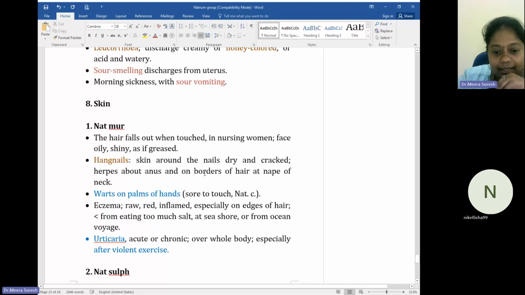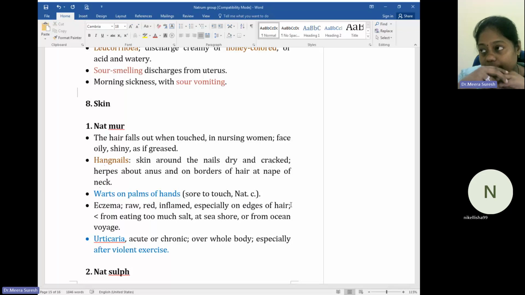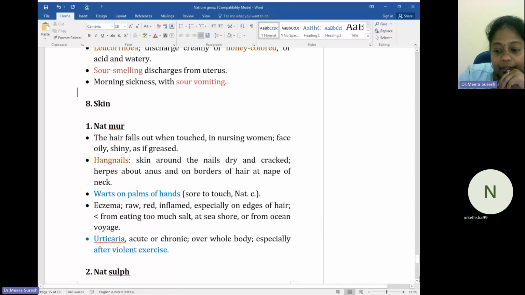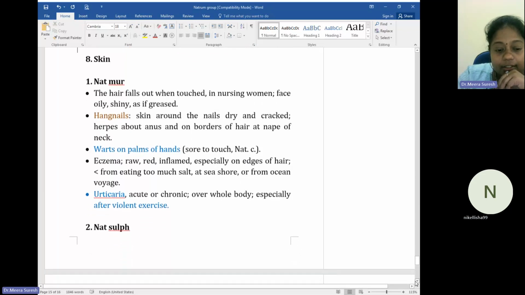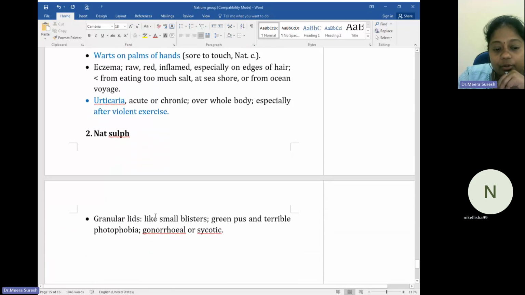Leave the hangnails, dry and cracked, but the herpes about the anal region, the borders of hair at the nape of the neck, then eczema on edges of hair. So wherever the skin and the hair meet, that edge, that is the place where natrum mur will have the complaints.